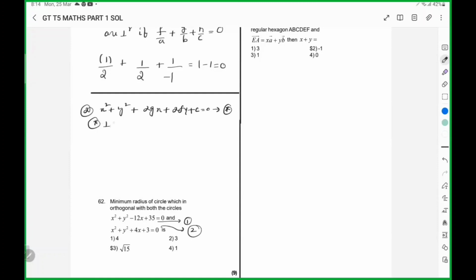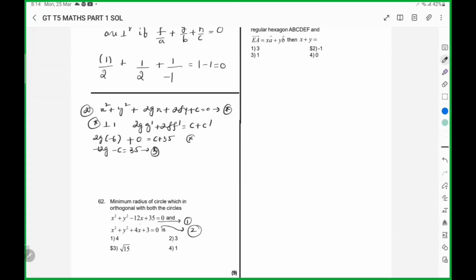Star is perpendicular to 1: 2gg' + 2ff' = c + c'. Here g' is minus 6, f' is 0, c' is 35. That is minus 12g minus c is 35. So this is number 3.